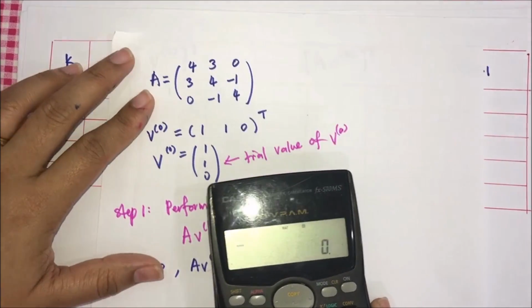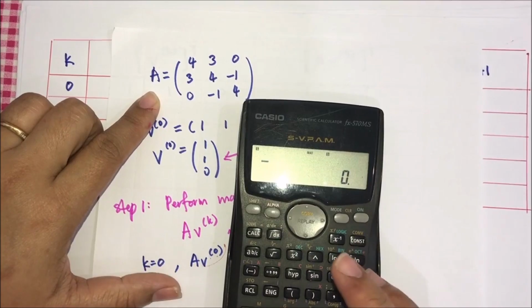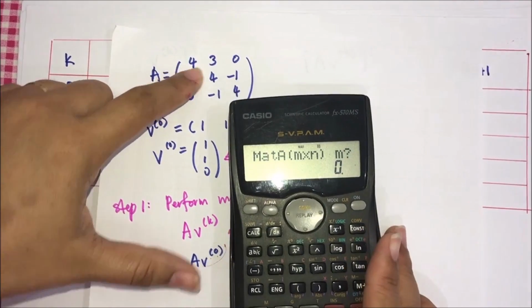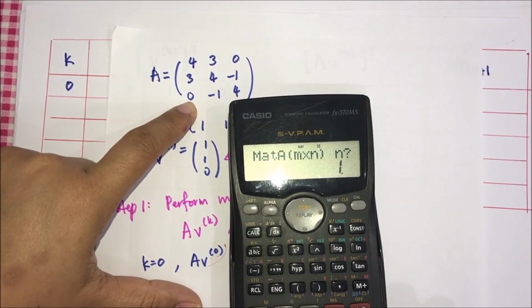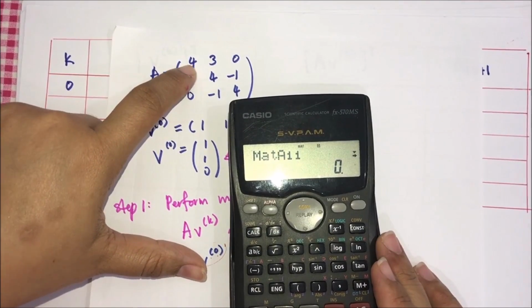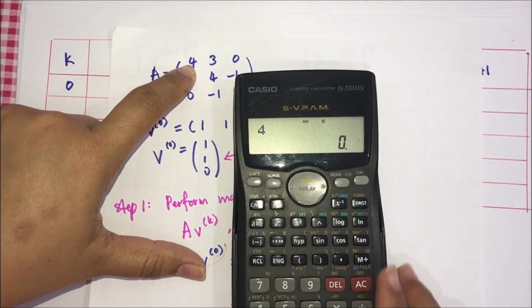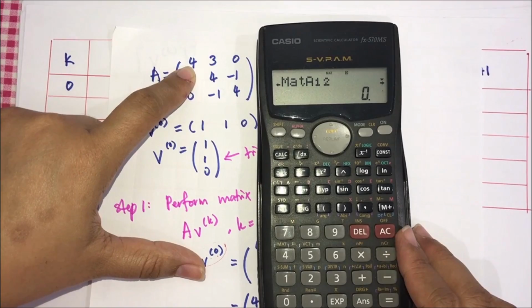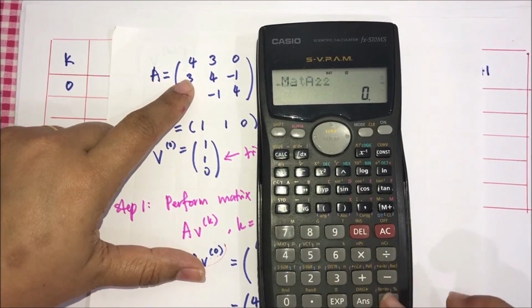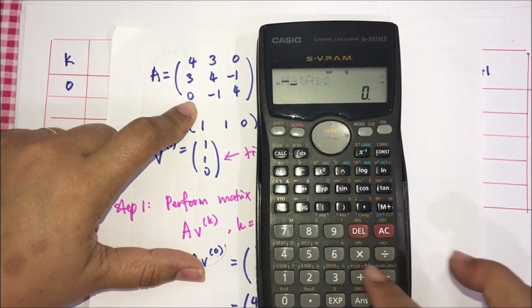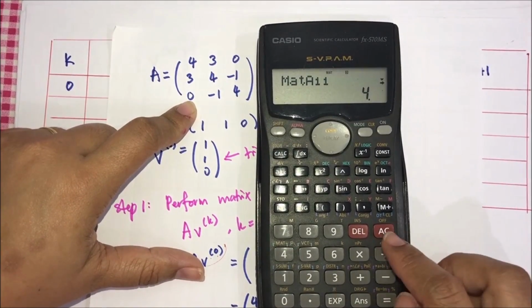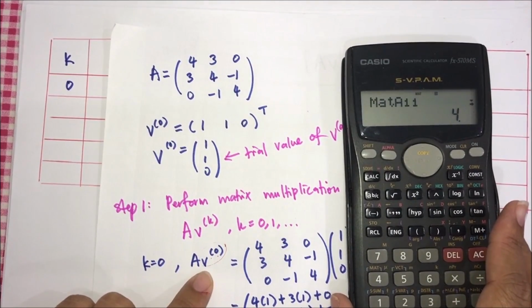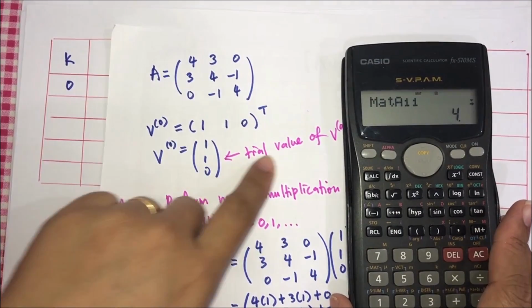Now you have to key in this matrix, so shift 4, dim. Now key in matrix A. Matrix A is a 3 times 3 matrix. So A11 is 4, equal to 3, equal to 0, 3, 4, negative 1, 0, negative 1, 4. After you key in all the entries, now key in another matrix, this vector, the trial value of V0.